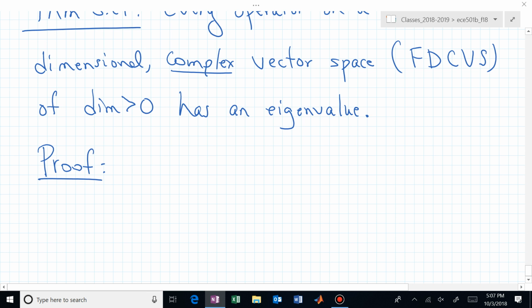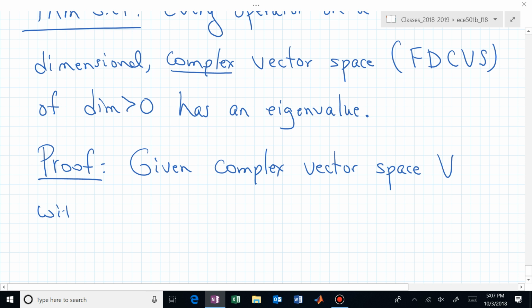Here's the proof. Given a complex vector space V with dimension of V equal to n, and n is greater than 0.